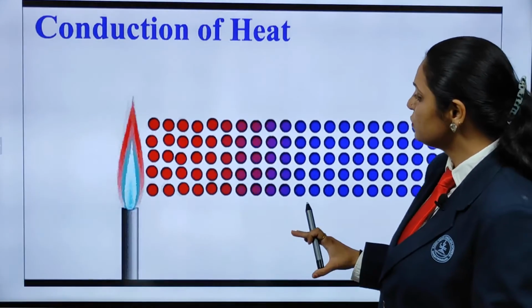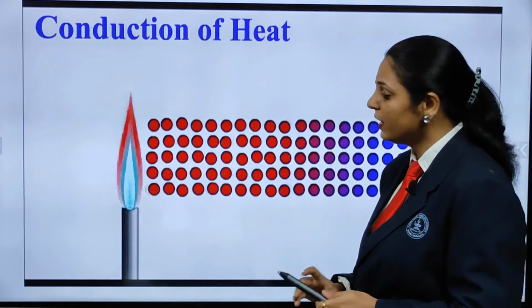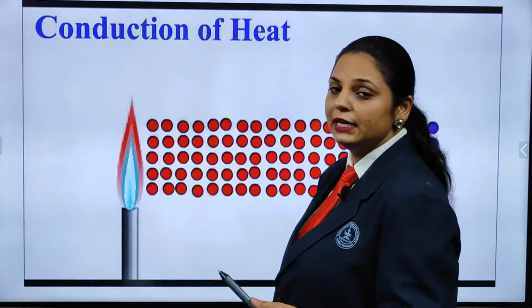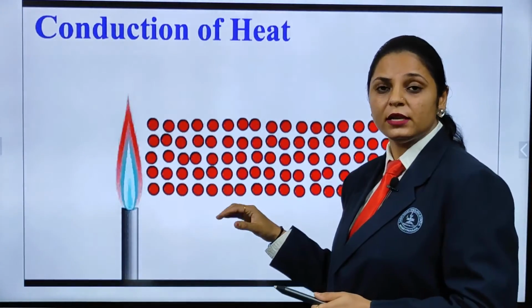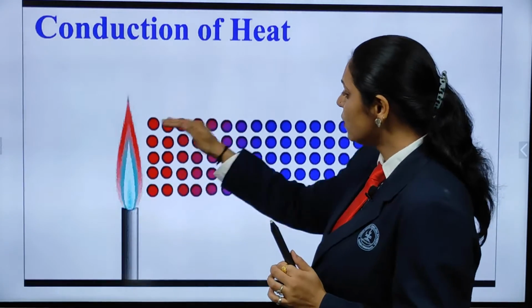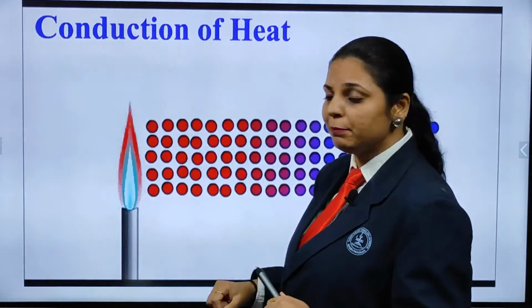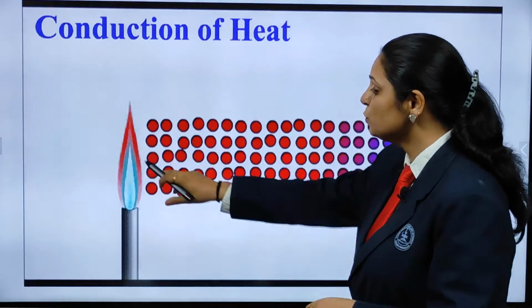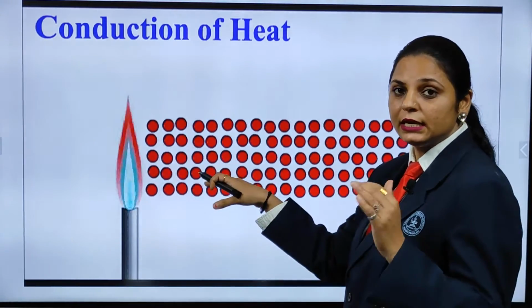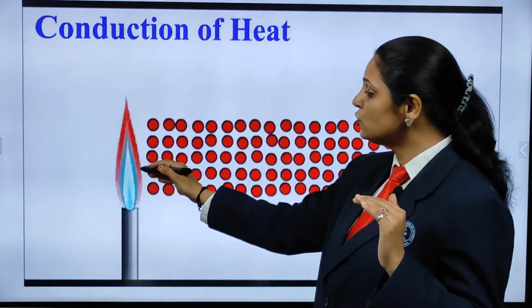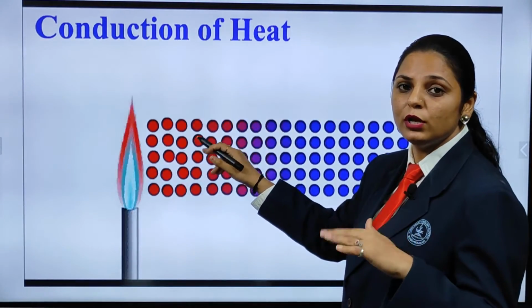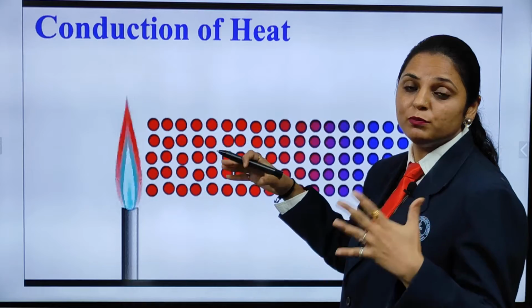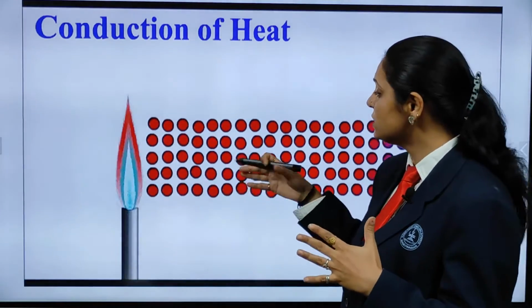This is how I am talking about the conduction of heat. When the candle is lighted, in the earlier stage our object is cold, but when it comes in contact with the heat, what happens? The molecules near the burning candle start moving at a faster rate.